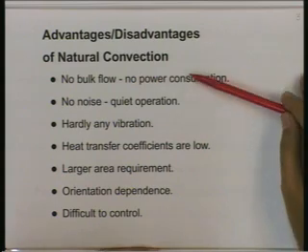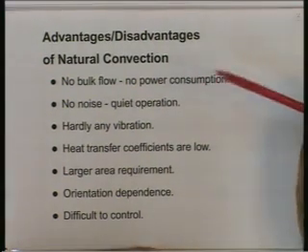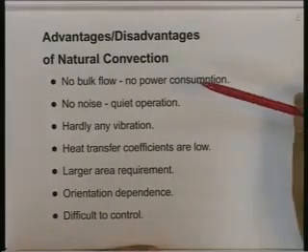Because there is no fluid flow equipment involved, there is no noise. The process of natural convection almost invariably proceeds in a quiet fashion. Because there is no bulk flow, there is hardly any vibration associated with flow phenomena or with equipment nearby.